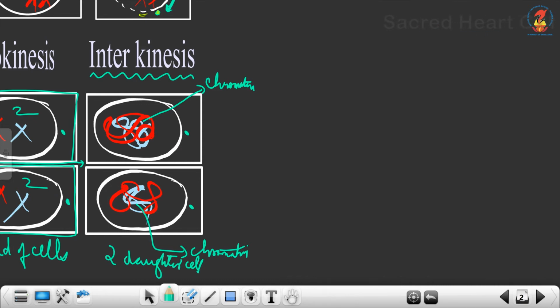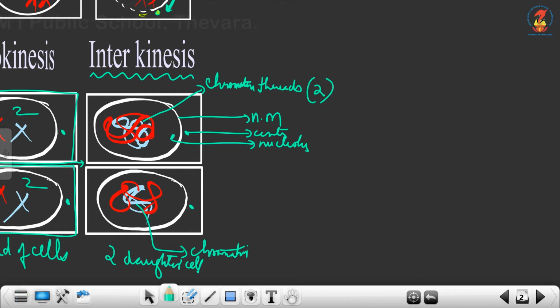And remember, describing these daughter cells in the interphase, like any other interphase, the nuclear membrane is present, the nucleolus is present, the centrioles are present, and the chromosomes are in the form of chromatin threads. But remember, we started with 4 chromosomes, now it has reduced to 2.